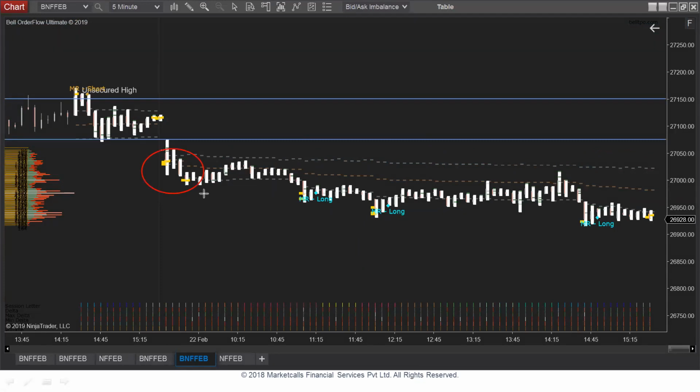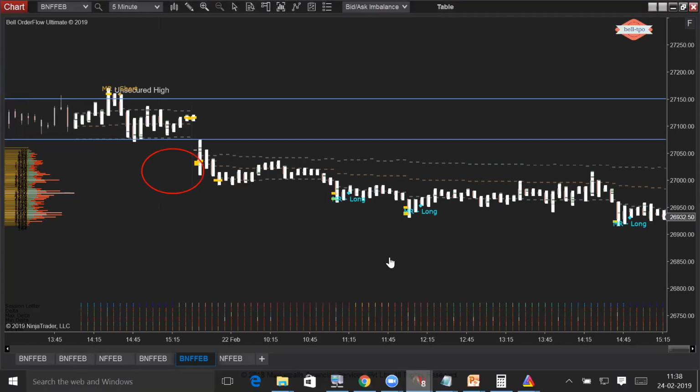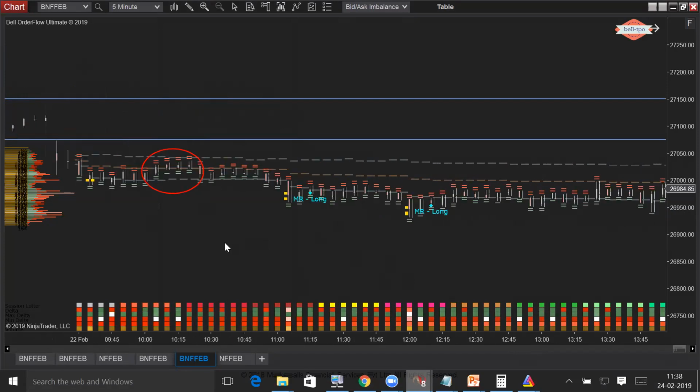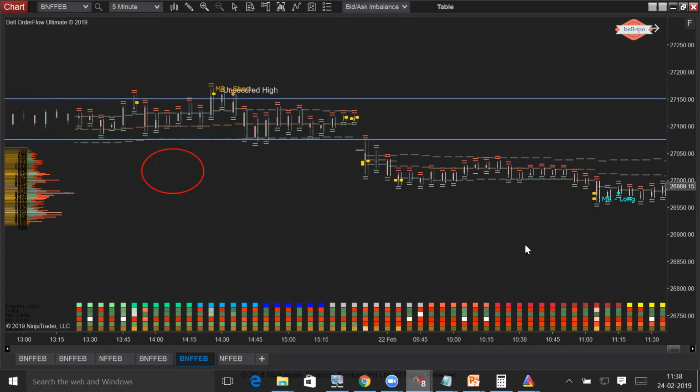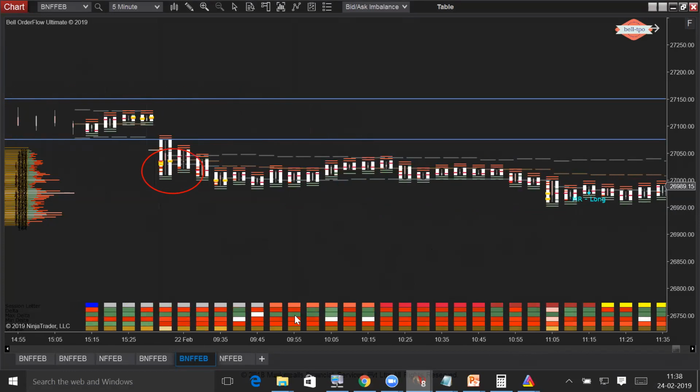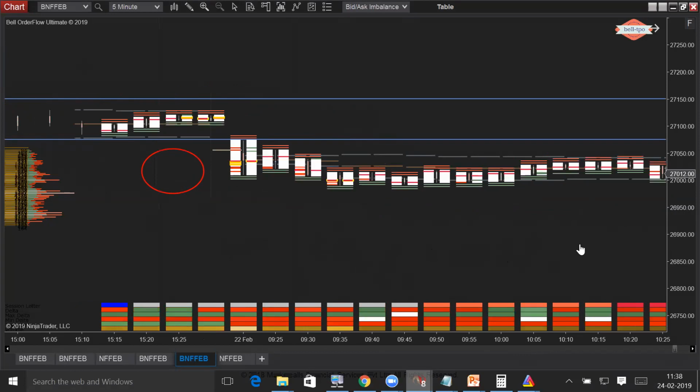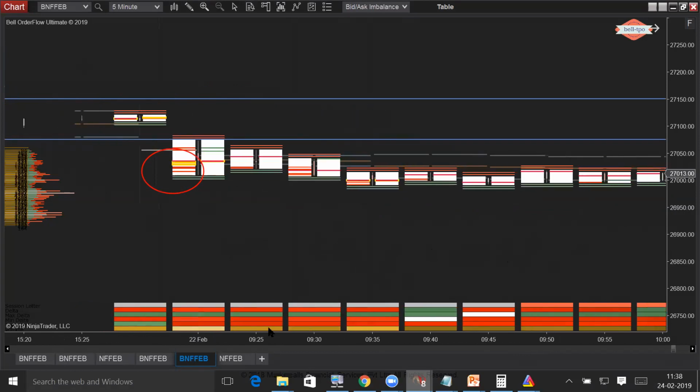Then you might have a fair idea what they are doing, how the aggressive players are behaving. Some of them could be a trap buyer or a trap seller. Most of such volumes could be coming from institutions because it is happening in one shot.